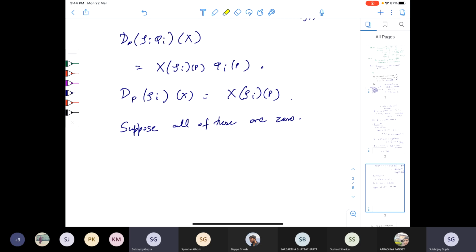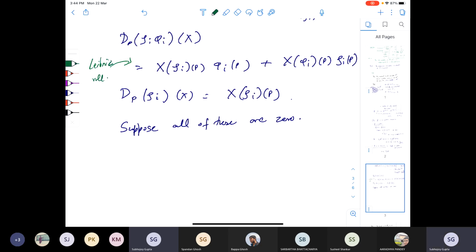By the Leibniz rule, you have two terms here, right? So I'm going to add this: plus x of phi i at p times rho i of p, right? So these are the two terms in the Leibniz rule. So this equality is the Leibniz rule.